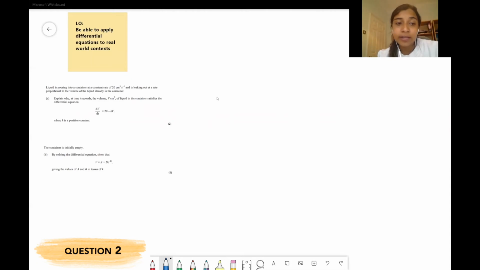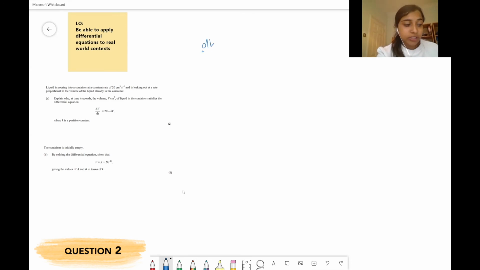So it's dv over dt, that's just how the liquid or volume is changing. And then we have that is equal to how much is pouring into the container, so that's 20. And then because it's minus, because water's flowing out, that's why it's negative.